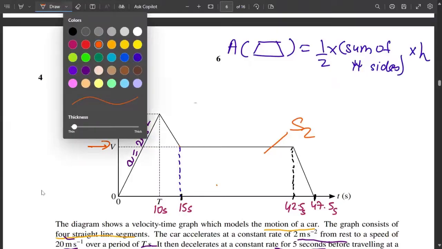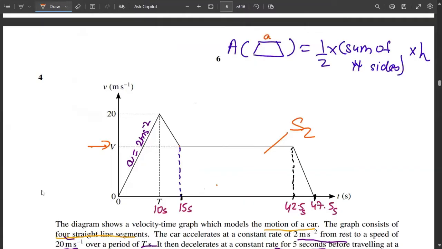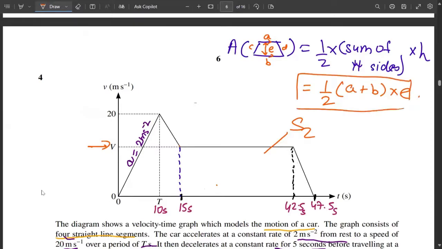And in this case, if I take this as A, B, C, D, and E, so area of the trapezium will be half into these two are the parallel sides, A and B. So (A plus B) into E. So this is the equation of the area of a trapezium in case you did not know.